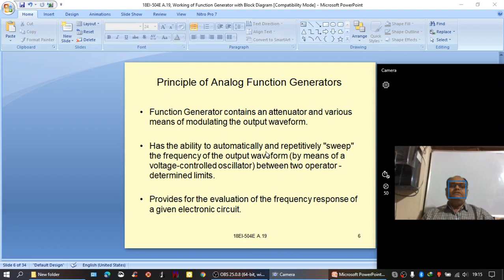That means the function generator has the ability to produce repetitive waveforms over a wide frequency range by using a voltage controlled oscillator.